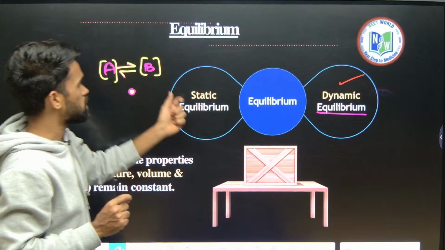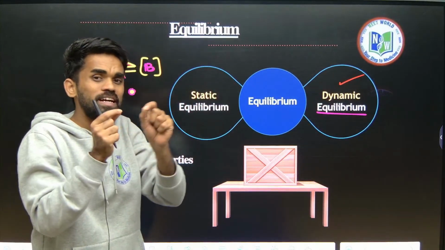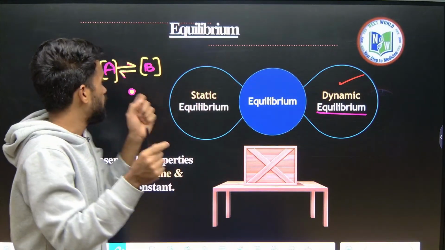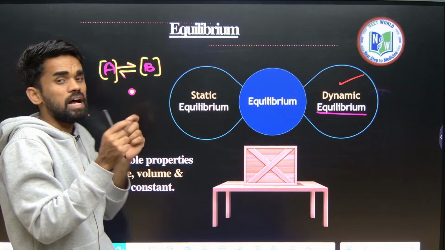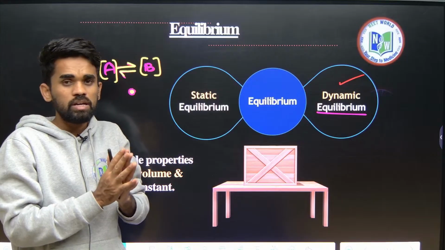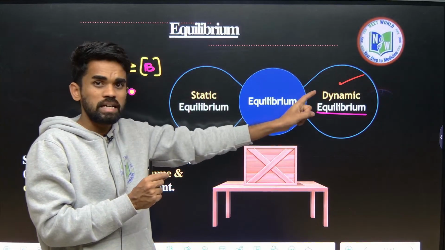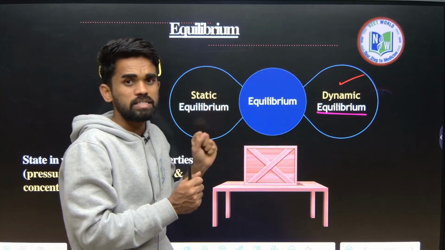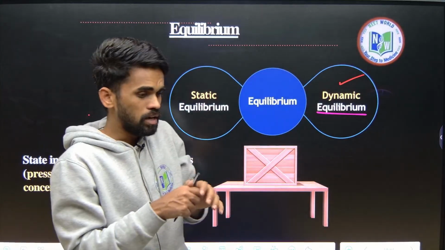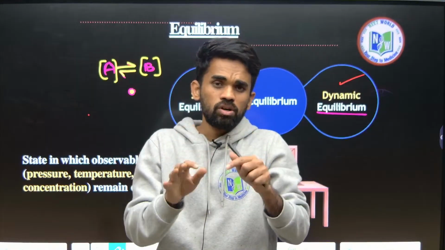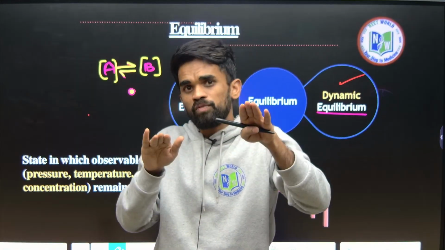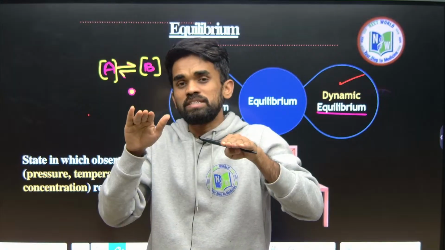When it comes to static equilibrium, there is no movement of particles: A cannot be converted to B, and B cannot be converted to A once equilibrium is attained. I hope you got the difference between dynamic and static equilibrium. For simplicity, think of the escalator in malls: one step goes up, one step comes down, one step goes up, one step comes down.